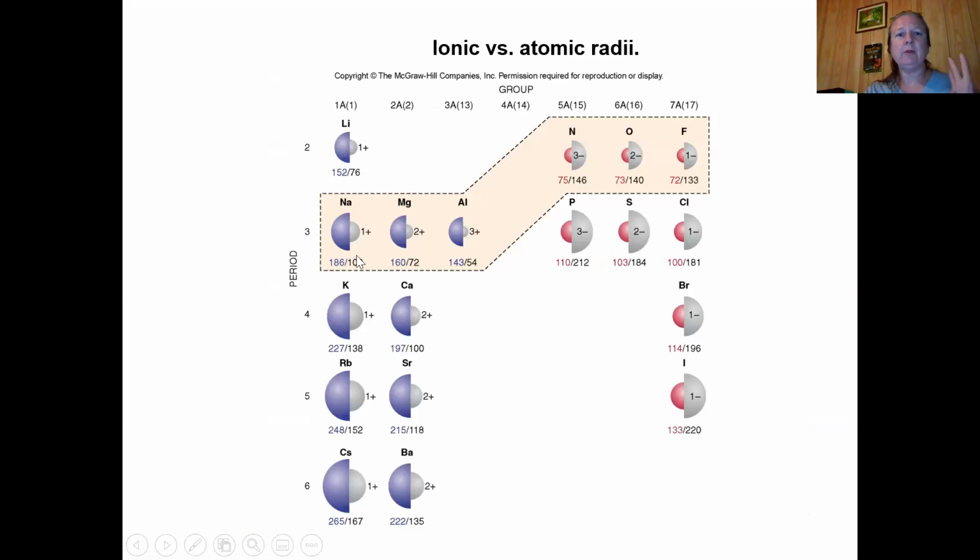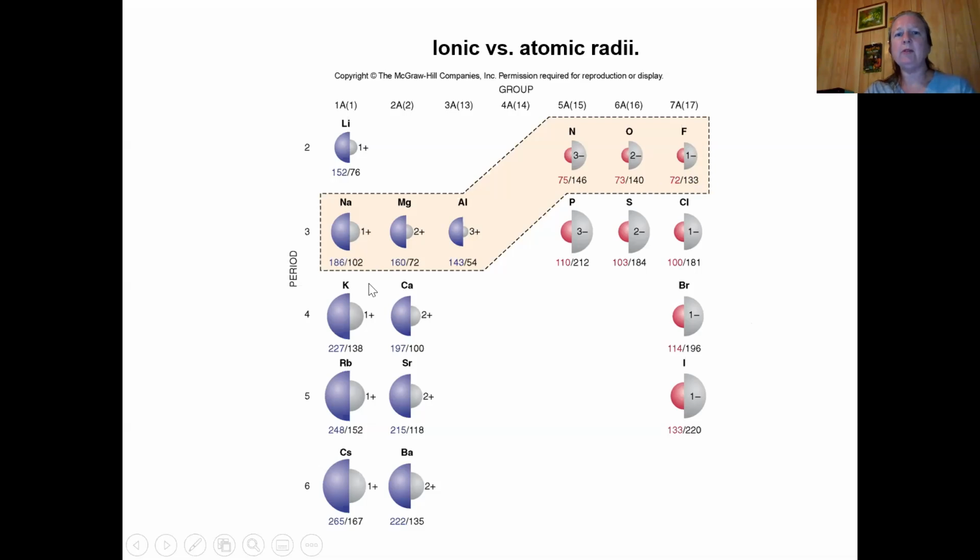So the sodium element is 186 angstroms. It loses one electron, it's 102. Now, unfortunately, this doesn't show us a noble gas. That would be nice if it did. The fluorine element is 72 angstroms. When it adds an electron, it's 133.